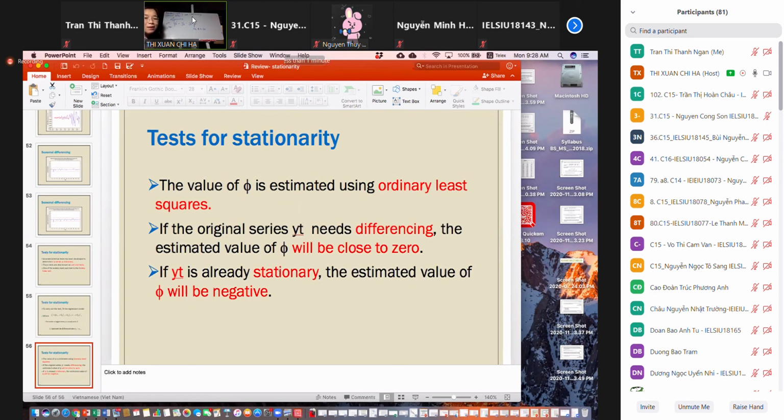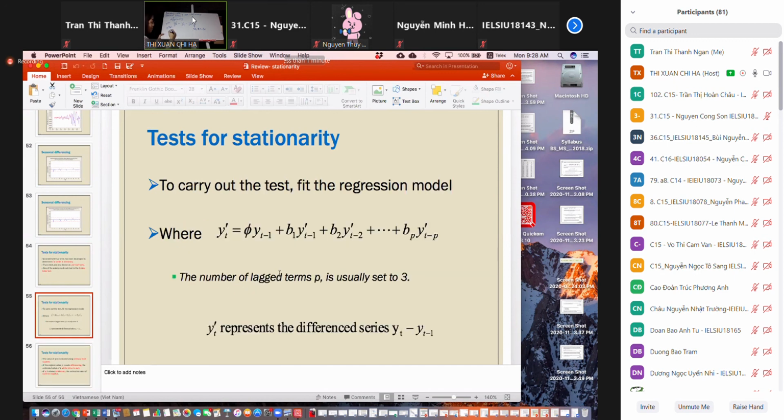So okay, to test for stationarity, you can look at the regression.